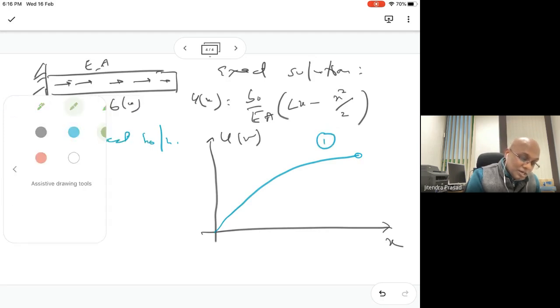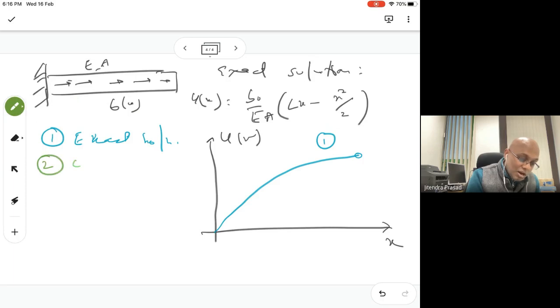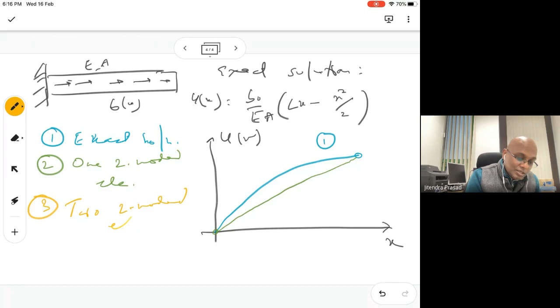Okay, so number two is one two-noded element, and what we got is like this. Then we had the third one, two-noded elements, and we got the solution like this, from here to here, and from here to here.